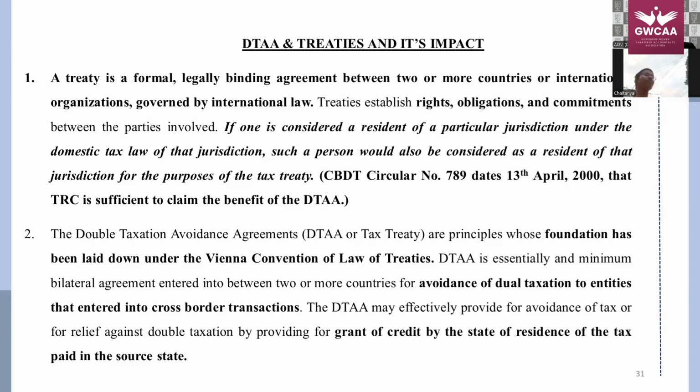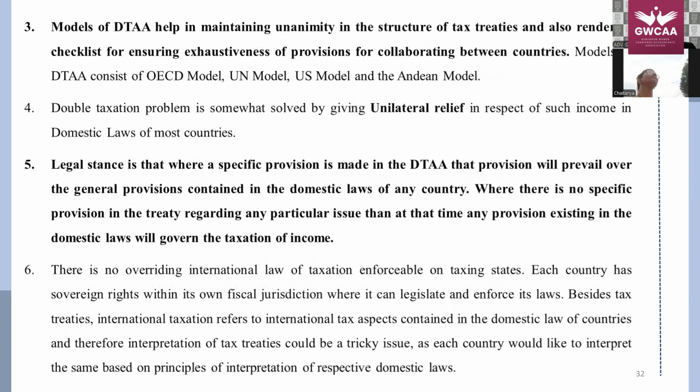Next, there are various models of DTAA, like the OECD model, Organisation for Economic Co-operation and Development, the UN model, the US model, and the Indian model. The most famous model is the OECD model. There are also case laws regarding treaties. I have mentioned Azadi Bachao Andolan, which is very important, and it specifically mentions the importance of treaties.